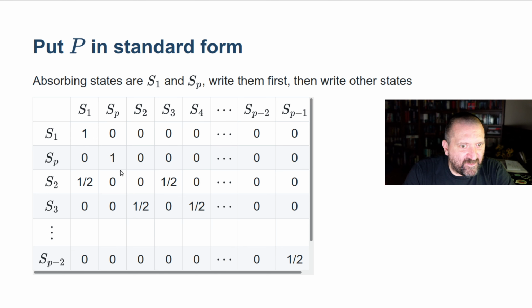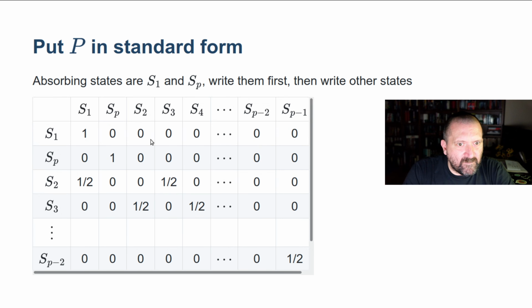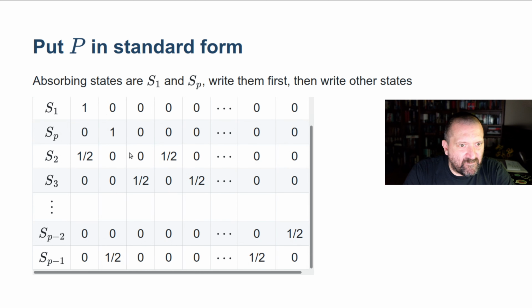This block that starts here and goes to the bottom is the matrix that we denoted R. This one is a block of zeros. If you have anything other than zeros in here, you know you have a problem. And this rectangular block here is the matrix that we denoted Q.